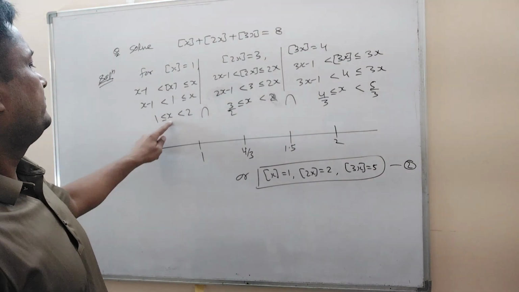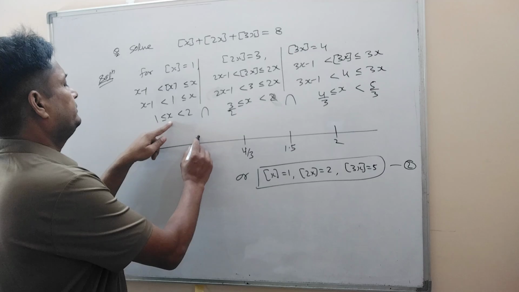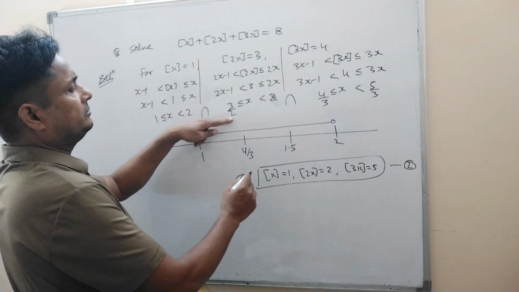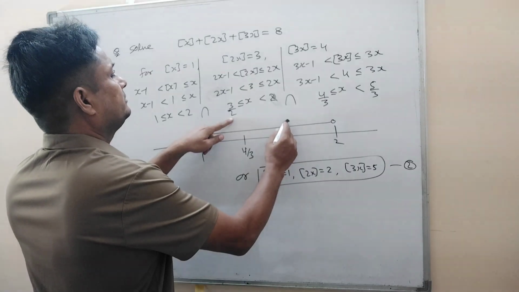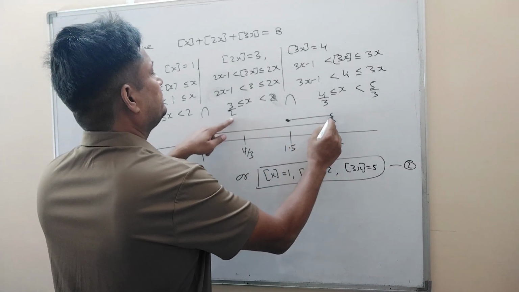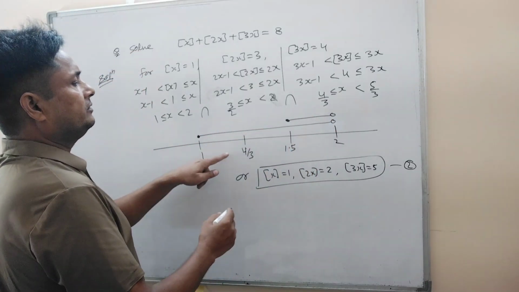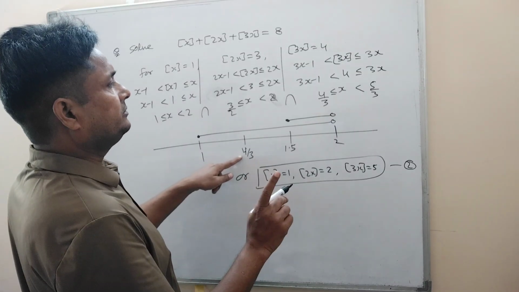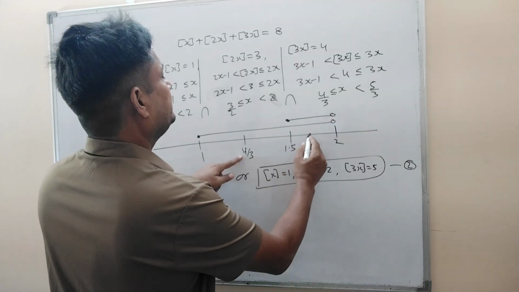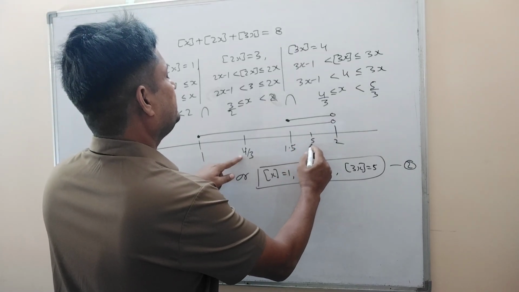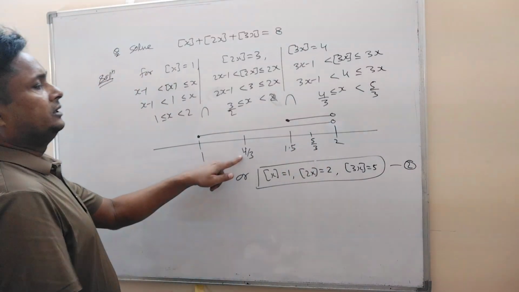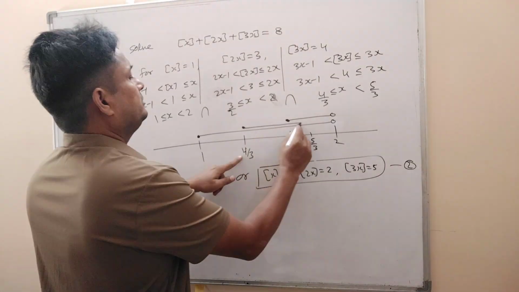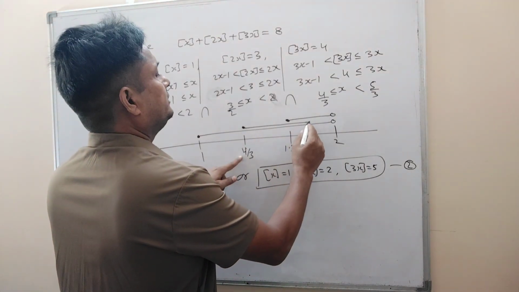So the first one varies from 1 to 2, the second one varies from 1.5 to 2, and the third one varies from 4 by 3 to 5 by 3. So this one will be 4 by 3 to 5 by 3.